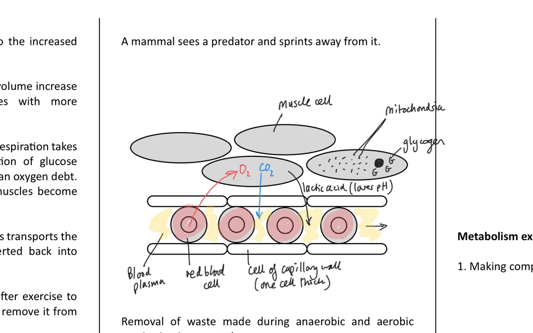The proteins don't work correctly at lower pH, just like enzymes denature at low pH. So it gets rid of the lactic acid into the blood plasma, and that's going to travel around the body. Okay, so that's the scenario we are doing.